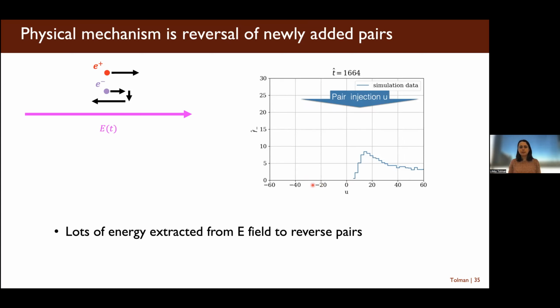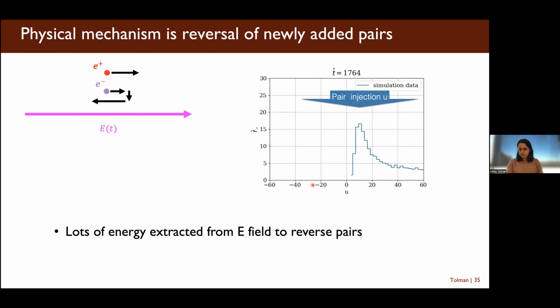Here you're adding new pairs to the system, they're getting ripped around very violently, and the energy for that action has to come out of the energy of the electric field. This gives you a very strong damping in the electric field amplitude. So that's the physical mechanism.